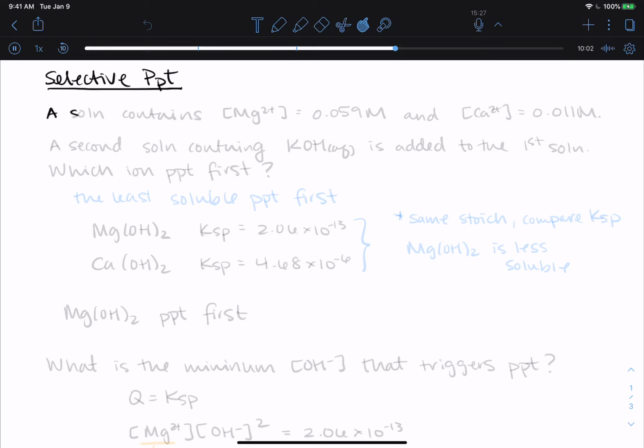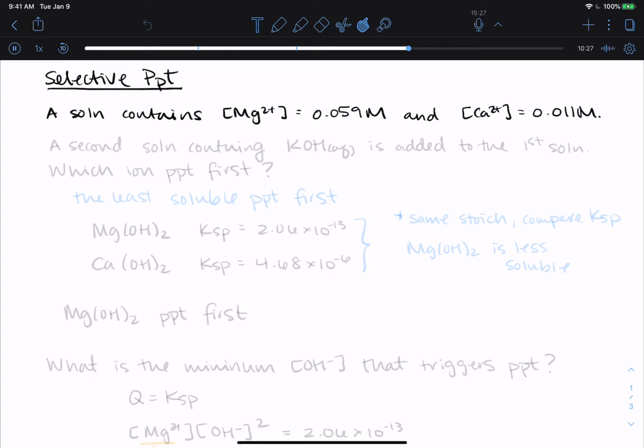And we are going to have a solution that contains magnesium 2 plus with a concentration of 0.059 molar and calcium 2 plus at a concentration of 0.011 molar.